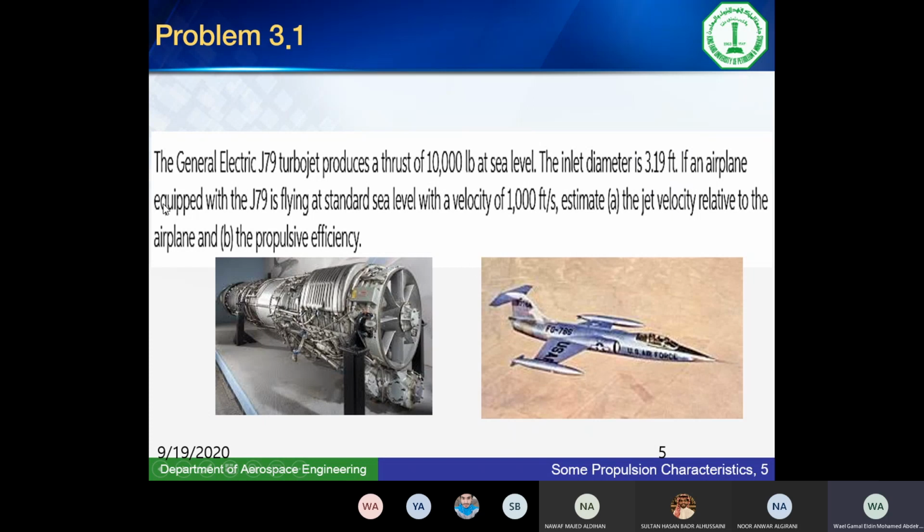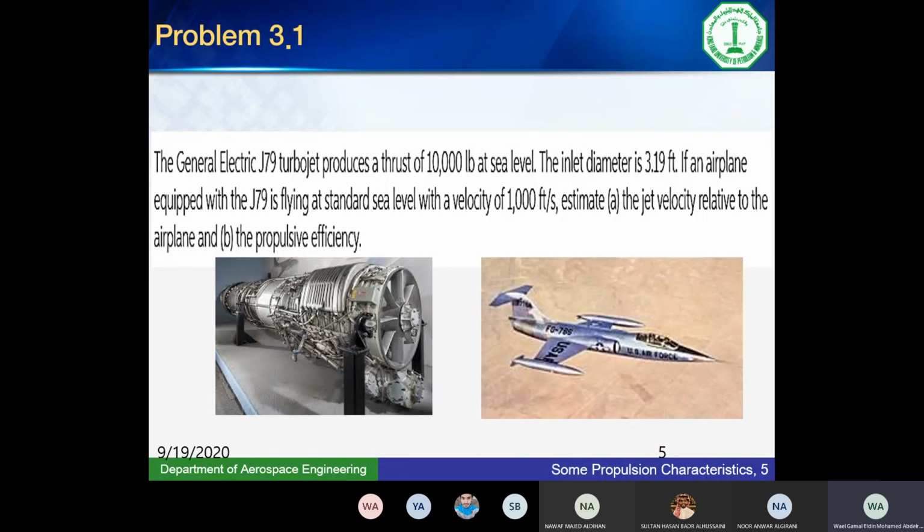So if the airplane, which is equipped with this engine, is flying at standard sea level, close to the ground, that means the air has a certain temperature, certain pressure, and certain density. If you have received your textbook, flip the pages to the appendix at the end, and you will see the standard atmosphere table, where you have density, pressure, and viscosity at different altitudes.